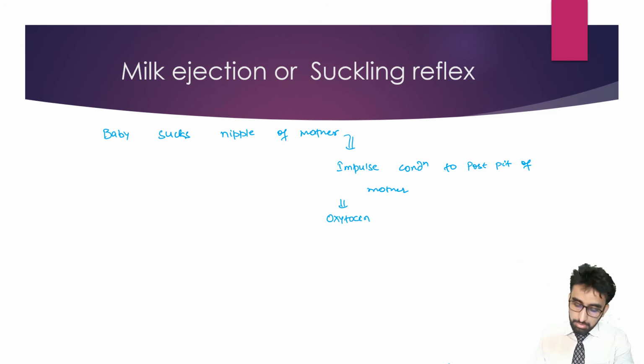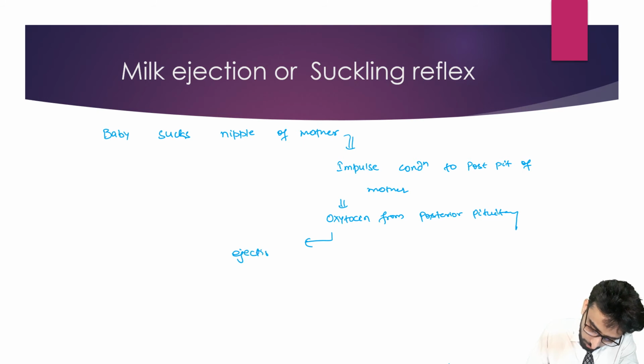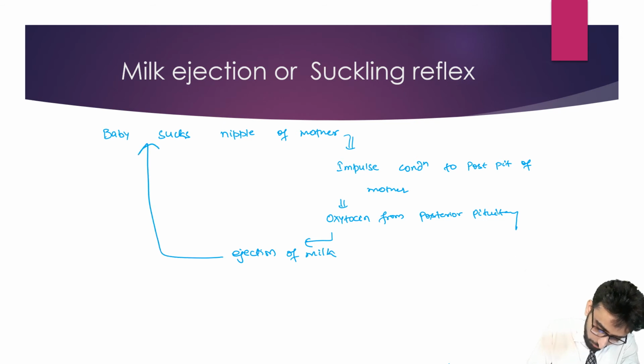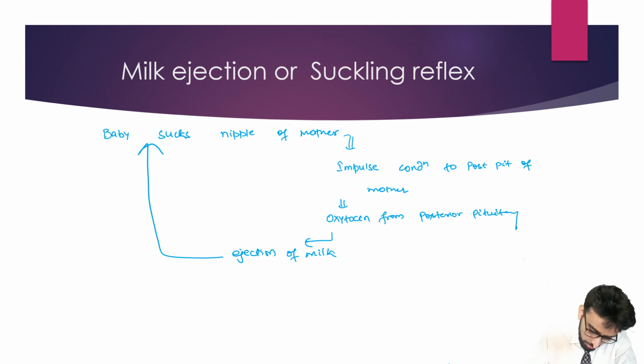Because of this impulse there is a release of oxytocin from the posterior pituitary, and it leads to ejection of milk, and it leads to further sucking by the baby, and so on. So this is the story by which the milk will continue to pour out through the nipple into the baby's mouth, and this whole thing is known as milk ejection or suckling reflex.